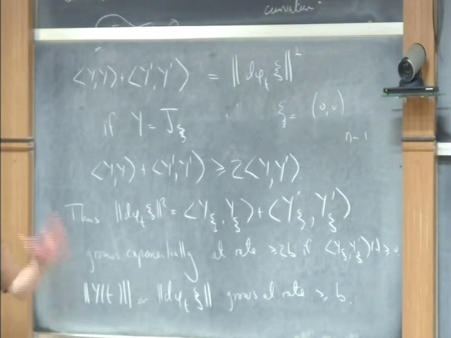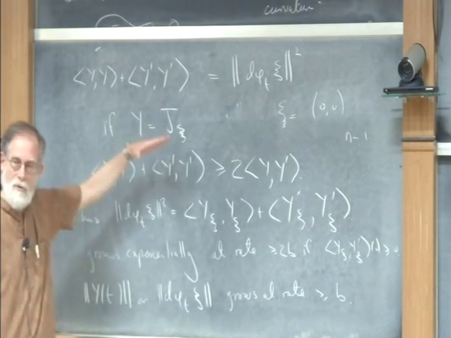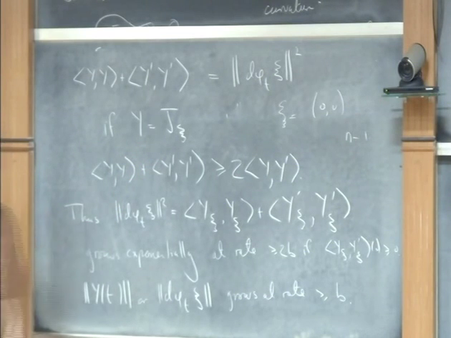And because volume is preserved, if something grows exponentially, there's going to have to be something else that's shrinking exponentially to compensate for that. Basically, you can get exponential contraction by taking something that's exponentially growing and following it backwards. And the geodesic flow is sort of reversible.